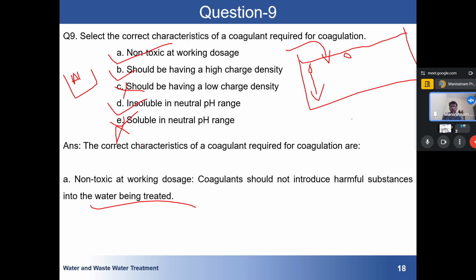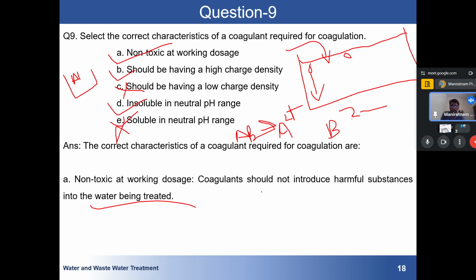Now imagine you are adding a salt AB, and after adding it in water, it has converted into A 2 plus and B 2 minus. Obviously the target was to act on the colloidal particles present in the system, not to dissociate themselves.